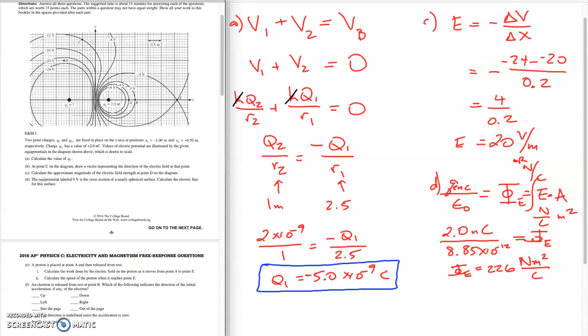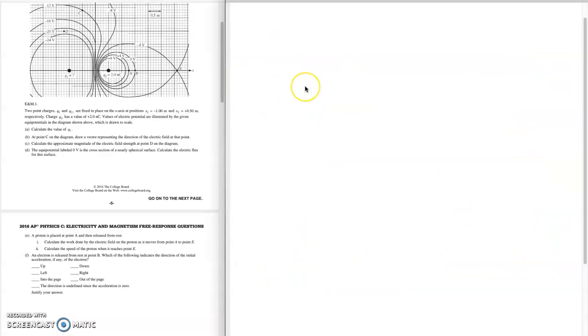Now for parts E and F, I'm going to have to do some more calculations, so I'm going to pause here for a moment and clear out my writing pad. Part E is that we're going to put a proton at point A, and we're going to let it go from point A to point E, and point E is over here.